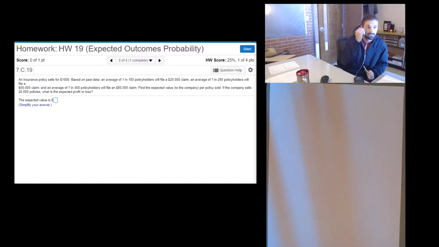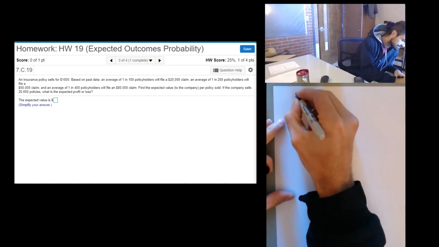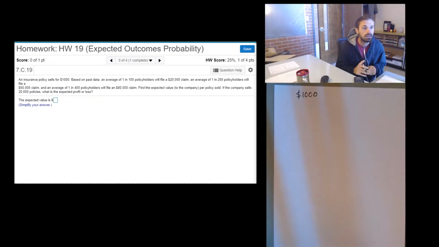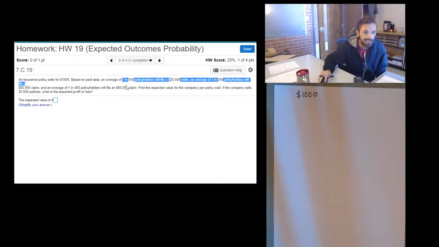All right, so an insurance company sells a policy for $1,000. I'm just going to write that at the top. And let's go ahead and see what the expected payout is. So we're going to use these probabilities in conjunction with the payouts to compute how much coverage we have for that insurance policy.